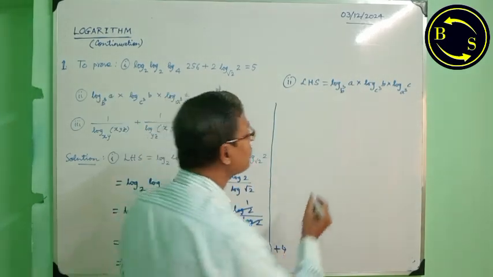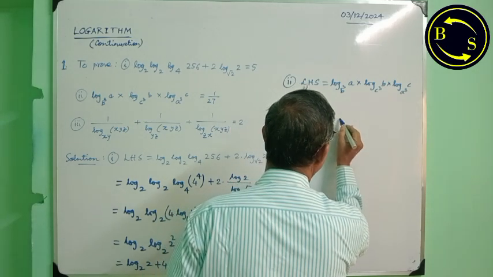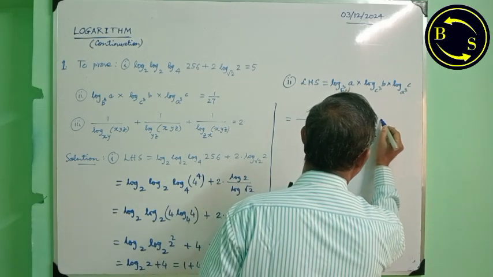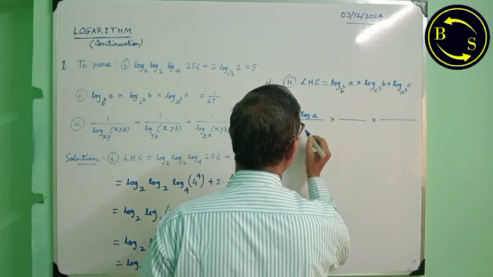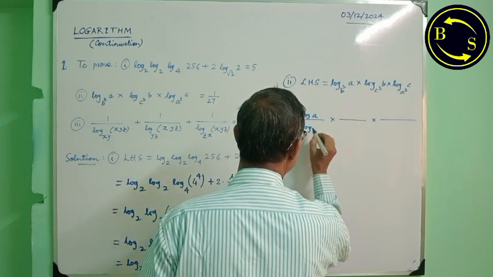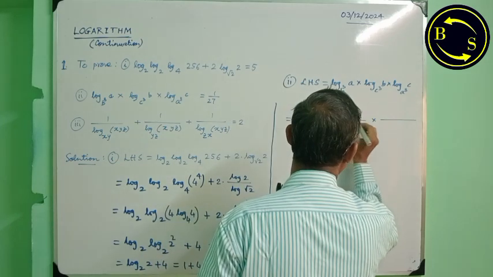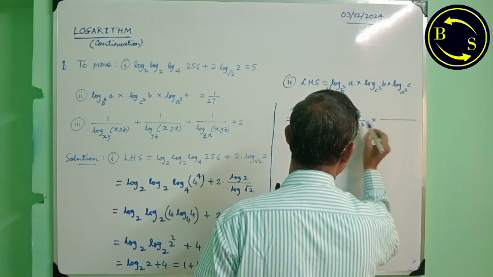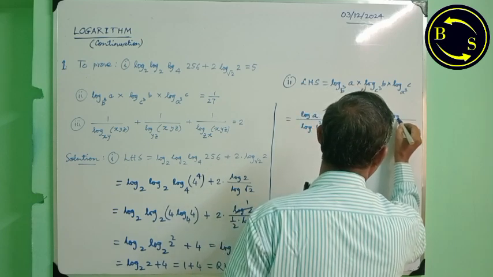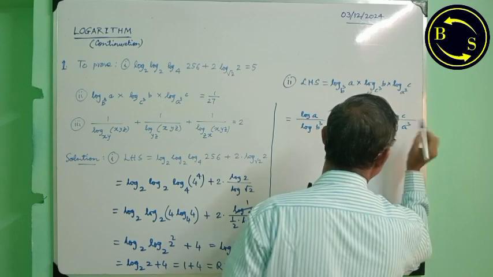Now I apply first the base changing formula like this: log a by log b cubed, log b by log c cubed, log c by log a cubed.